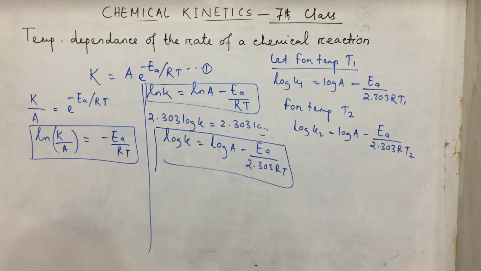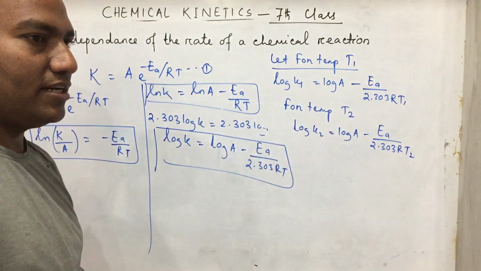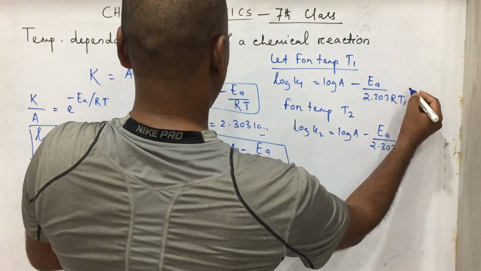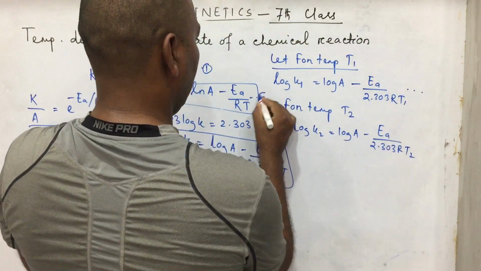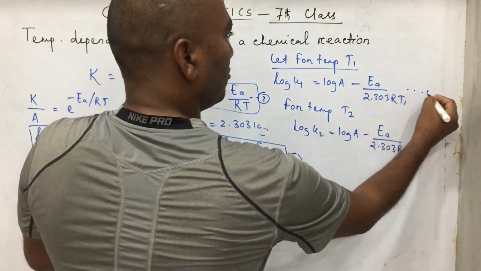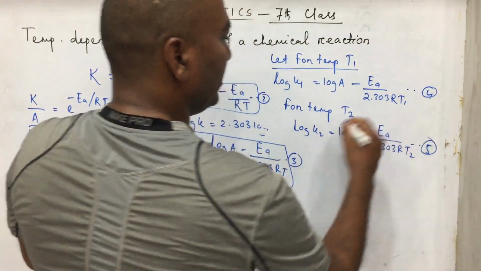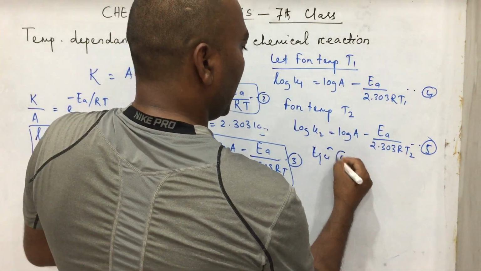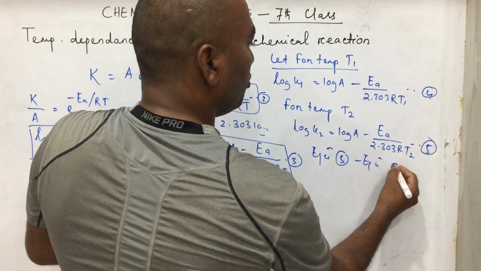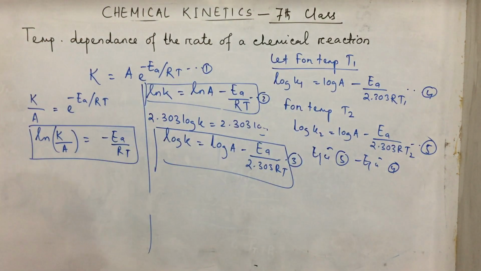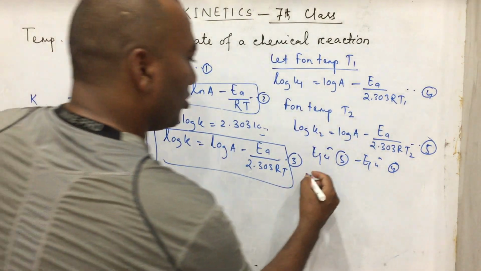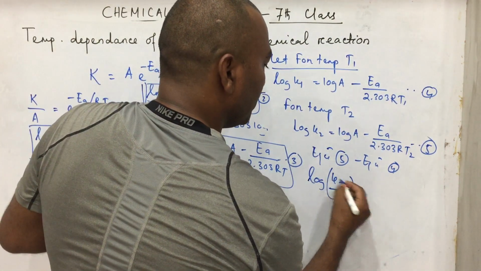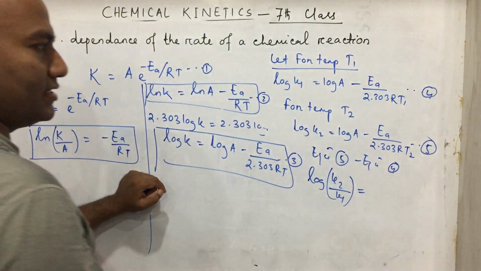Now let T2 be greater than T1. Let's suppose these are equations 2, 3, 4, 5. If you subtract equation 4 from equation 5, log k2 minus log k1, and since log x minus log y is log x by y, we get log k2 by k1 equals log A cancels.